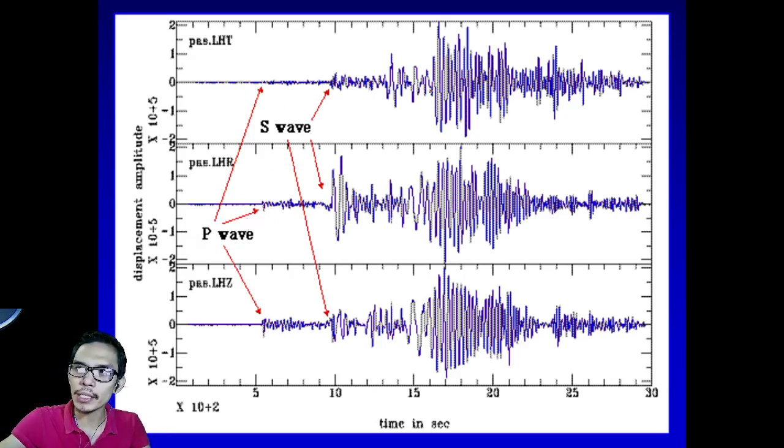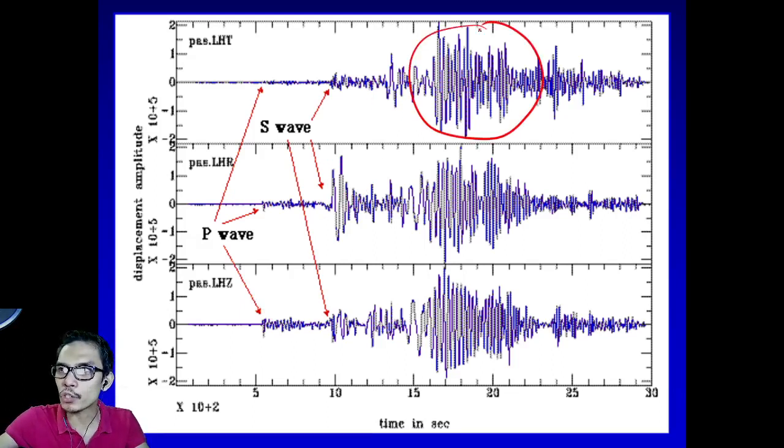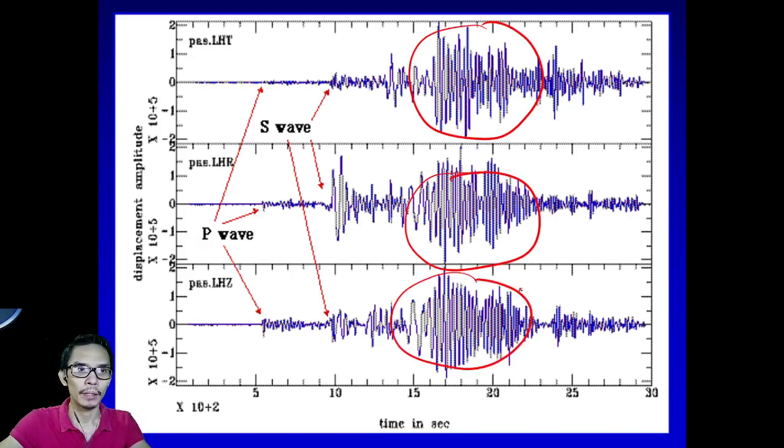So if you read the seismograph, you will see that the P waves arrive earlier than the S wave, and the S wave follows. The large amplitude waves that you have right here are called the surface wave. It already contains the data from Rayleigh waves and Love waves, respectively. So this is the surface wave.